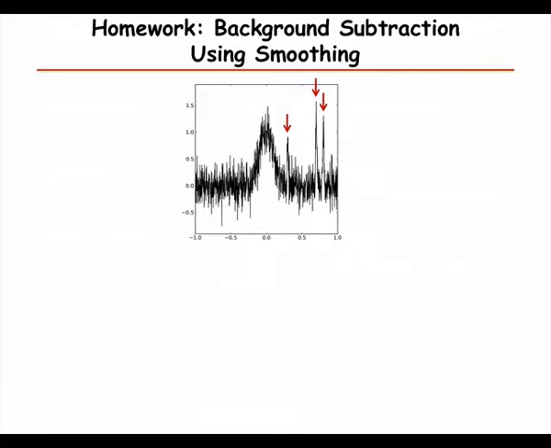It does two smoothings, and the idea is that we want to lift out these three peaks marked with the arrows, but this white peak in the middle we want to remove as noise.